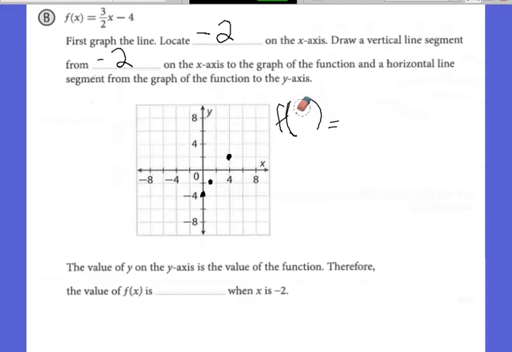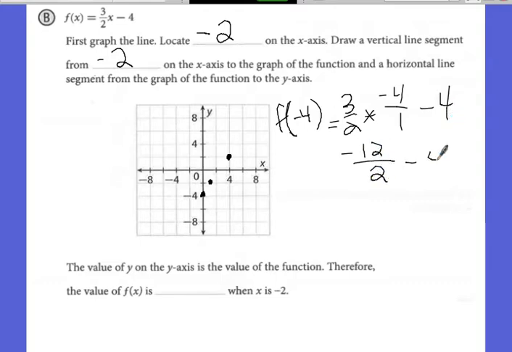Let's go with -4. I have 3 over 2 times -4 over 1 minus 4. I end up with -12 over 2 minus 4. This is -6 minus 4. So this would actually be -10. So when I put in -4, I get -10 on my graph.